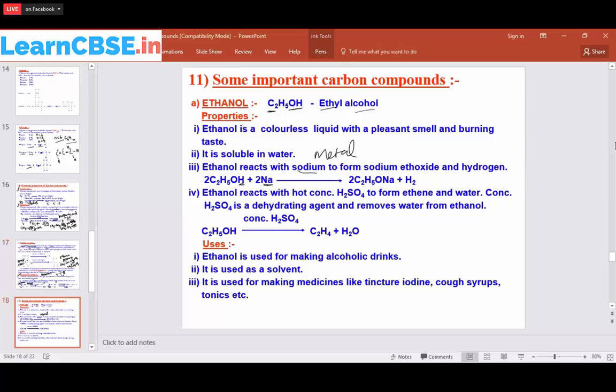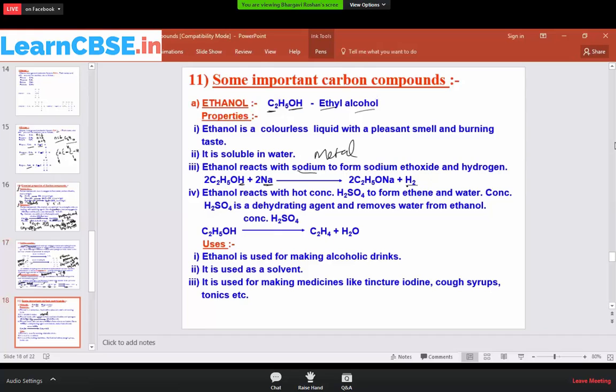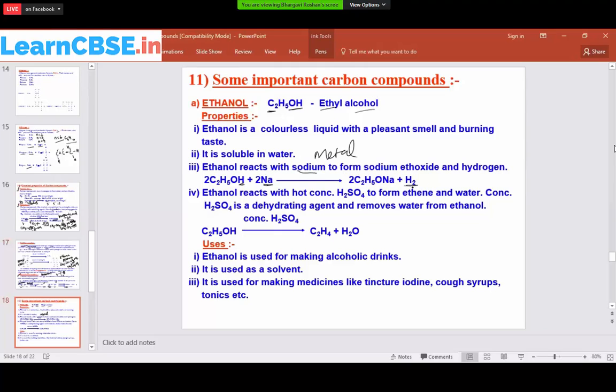One molecule of ethanol will give one hydrogen atom, but hydrogen is a diatomic molecule, so we have to write H2 only. So we have to balance the equation by 2: 2C2H5OH gives H2, and here also 2C2H5ONa. Balance the equation for Na also by 2.